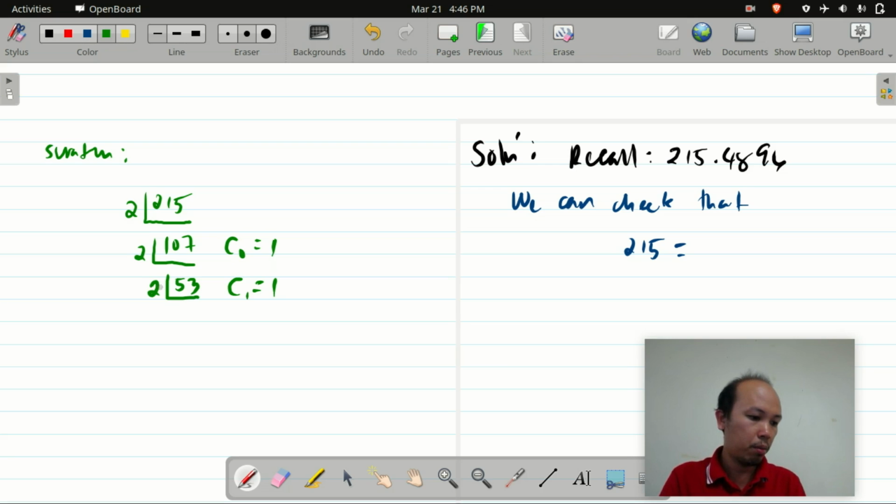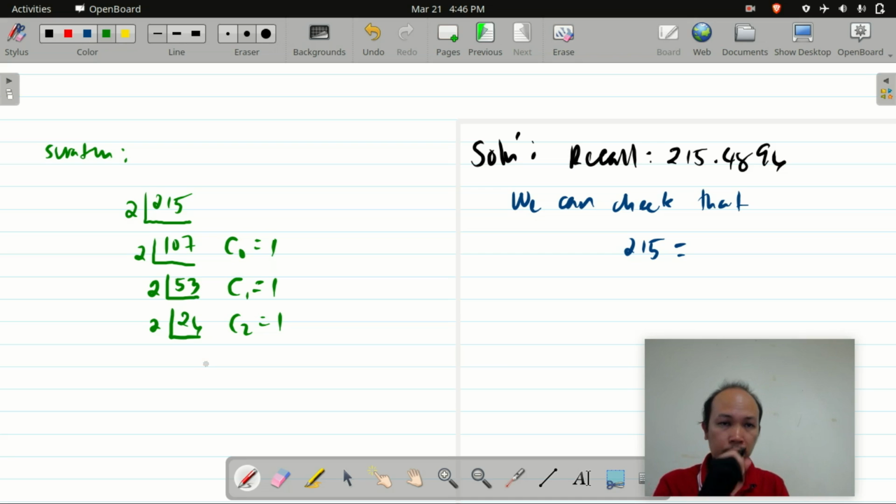53 divided by 2 is 26, 26 times 2 is 52, our remainder is 1 again. Then 26 divided by 2, we have 13, and our remainder is 0.